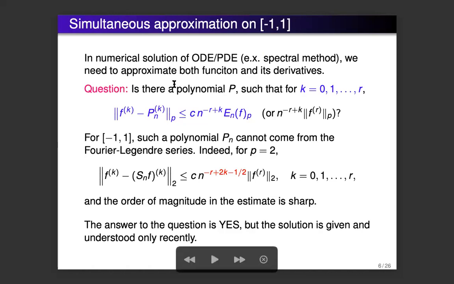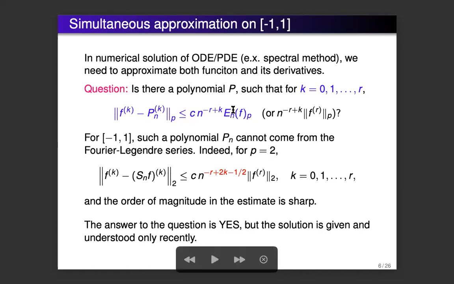We need to approximate both functions and their derivatives. You have differential equations, so you need derivatives. So the question: is there a polynomial P_n such that for k up to r, the norm of the k-th derivative of f minus P_n is less than that? Remember, for each derivative, we get a trade-off of n.